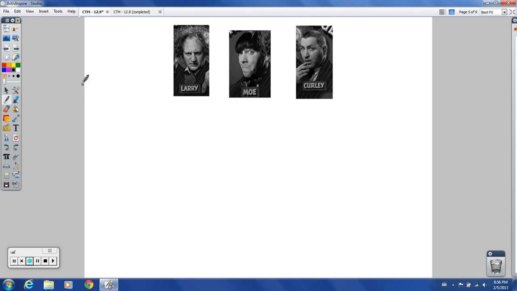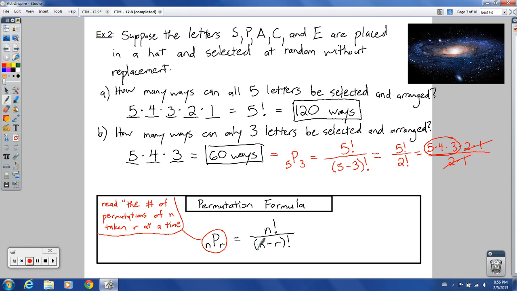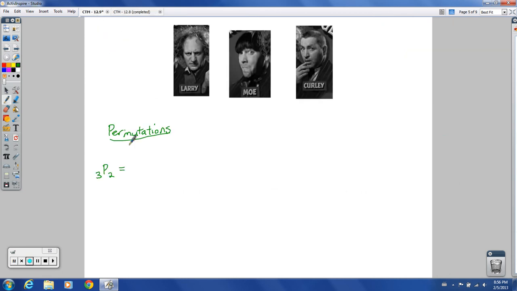So for a permutation, again, just listen right now. I'll write in green just to remind you that this is just listening. Green for go. So 3P2, 3 permute 2, according to this formula, would be 3 factorial over 3 minus 2 factorial.